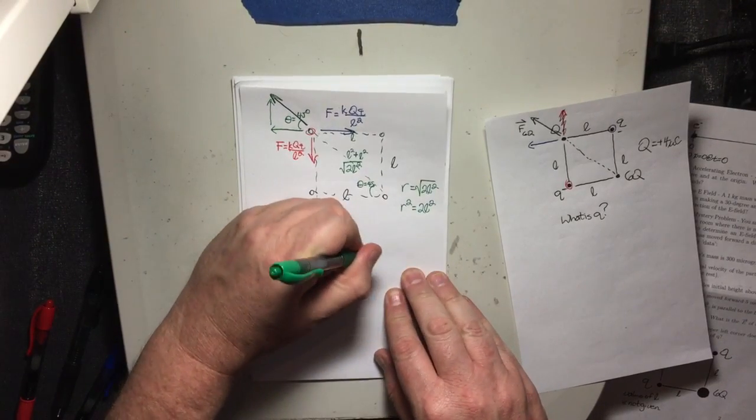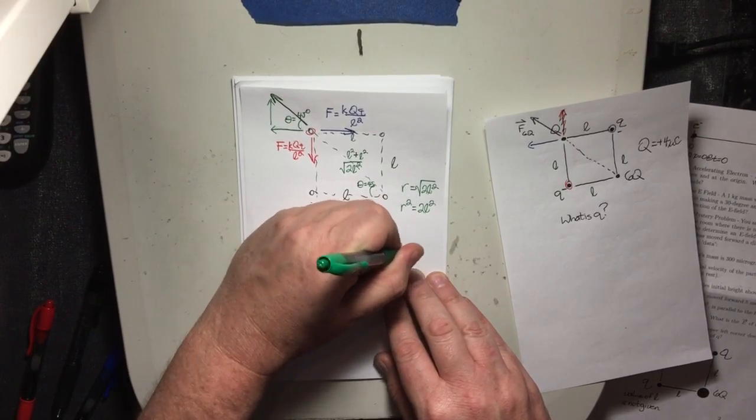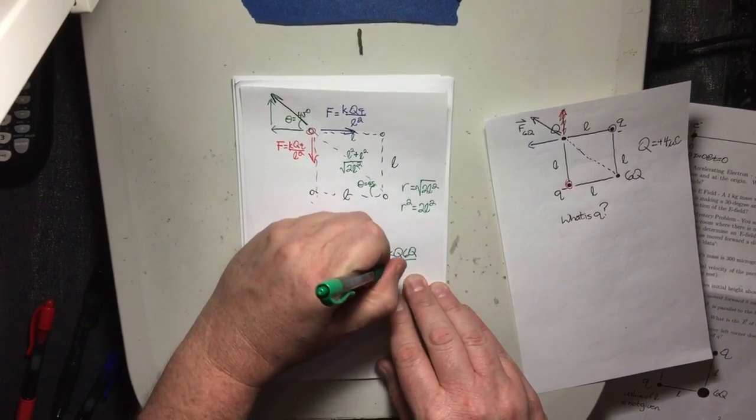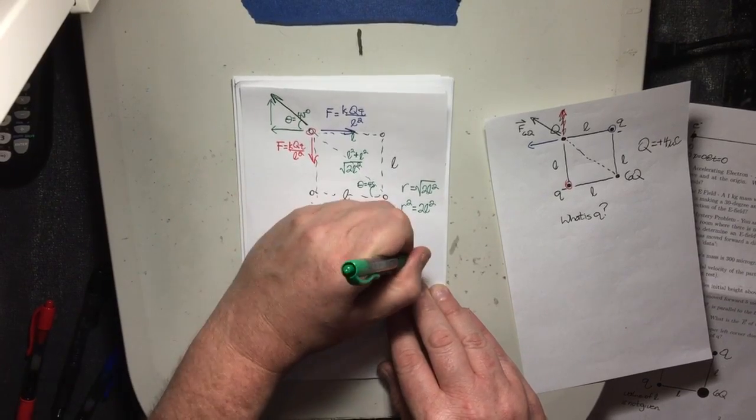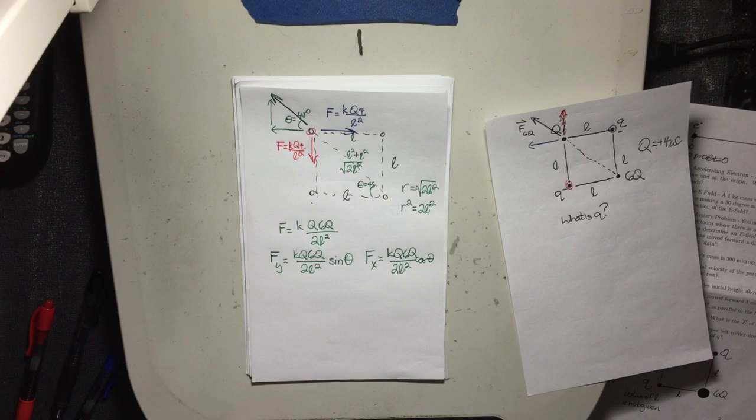And Fx is KQ 6Q over 2L squared cosine theta. So those are the forces.